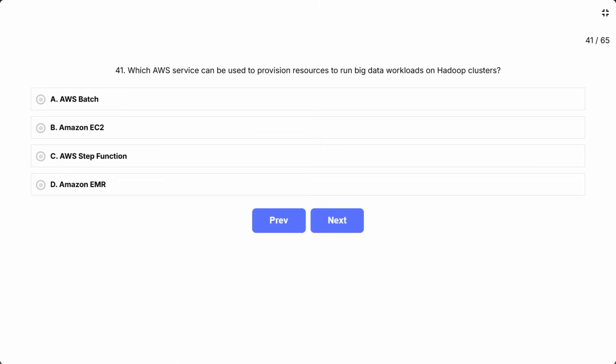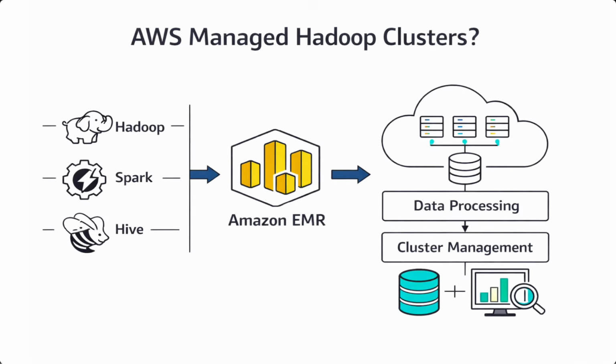Question 41. Which AWS service can be used to provision resources to run big data workloads on Hadoop clusters? A. AWS Batch. B. Amazon EC2. C. AWS Step Functions. D. Amazon EMR. This question is asking which AWS service is specifically built to run big data frameworks like Hadoop, Spark, and Hive without manually managing the cluster infrastructure.